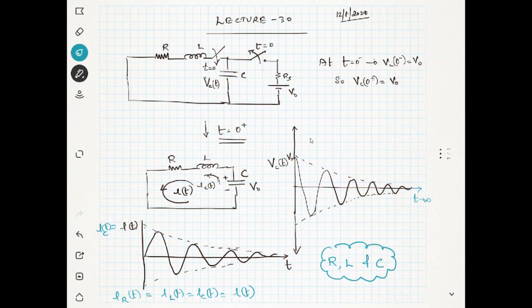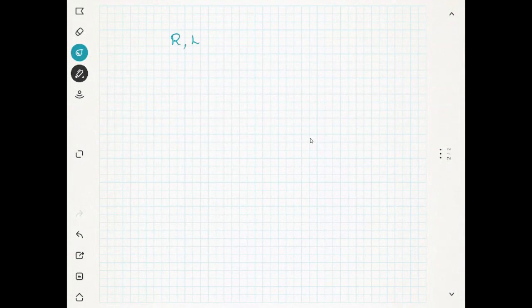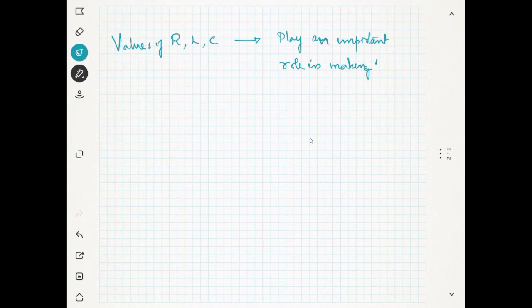The oscillation sometimes will not exist because of the value of R, L, and C. The values of R, L, and C actually play an important role in making oscillation. You cannot say there will be oscillation.